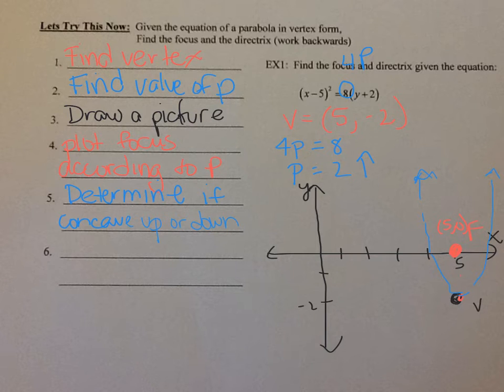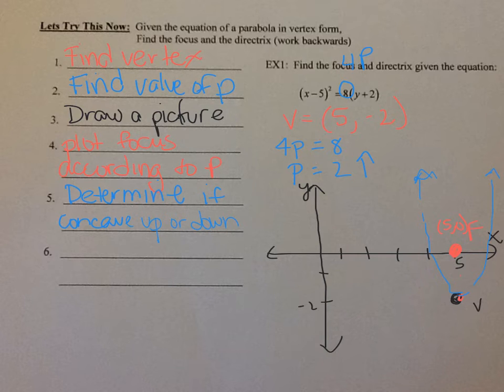Okay, so now I need to find my directrix. So remember, my vertex is in between the focus and the directrix. So if my focus is up here, my directrix has to be down here. And remember, the vertex is right in between the focus and the directrix. So if this was 2 units this way, then my directrix has to be 2 units down.